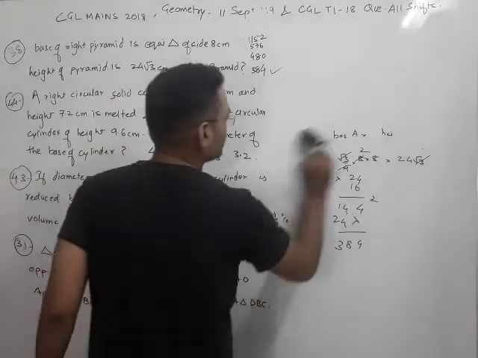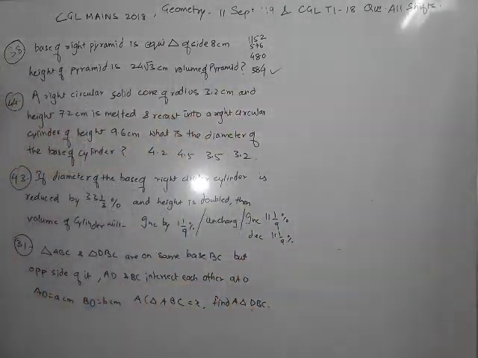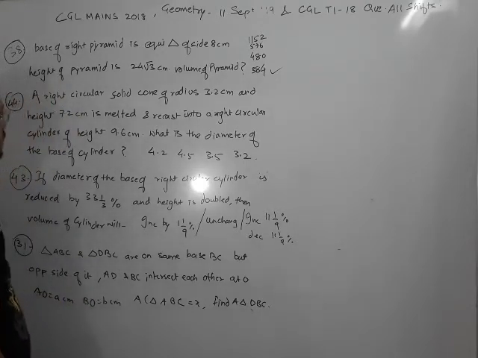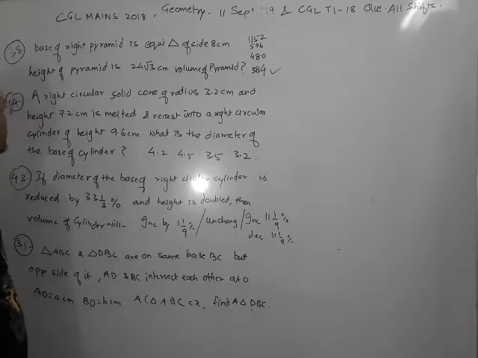Alright, next one. Right circular cone of radius 3.2 centimeter and height 7.2 centimeter is melted and recast into a right circular cylinder.